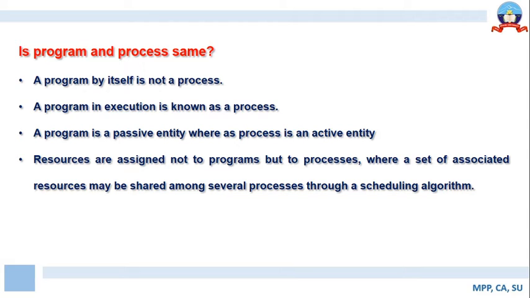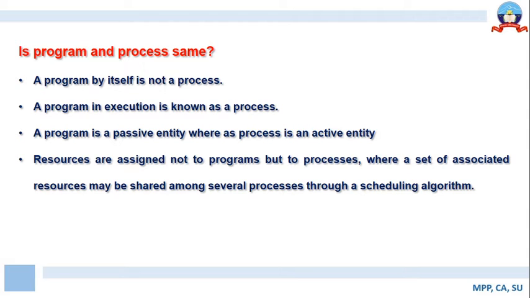A set of associated resources may be shared among several processes through a scheduling algorithm. Say, for example, in a computer system with a unicore, if there is only one processor, then that processor has to be shared amidst various processes. So there has to be a well-defined protocol or mechanism for coordinating the execution of various processes.